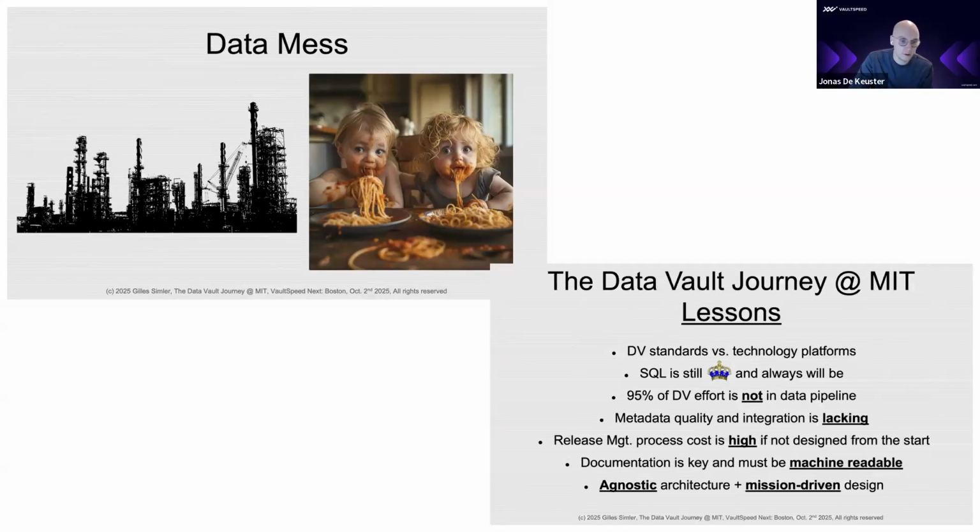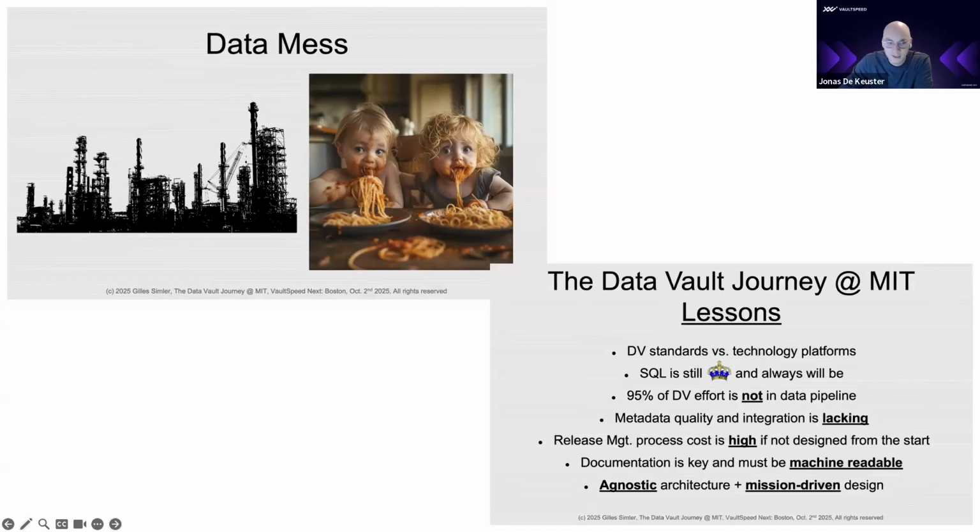So it's really a living model, and it's also for that reason that it needs to be very maintainable, with a model-driven approach like ours, and with a solution that can automate a lot of the deployment and the delivery, and that's why the release management is so important. You can really do that. You can keep everything in sync and have the data vault there for the long run.